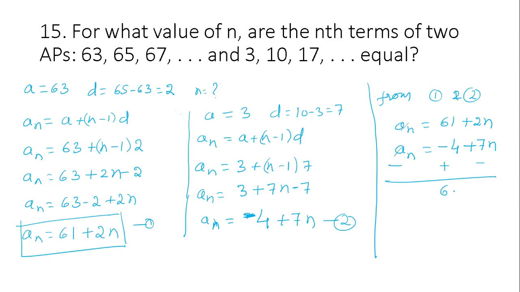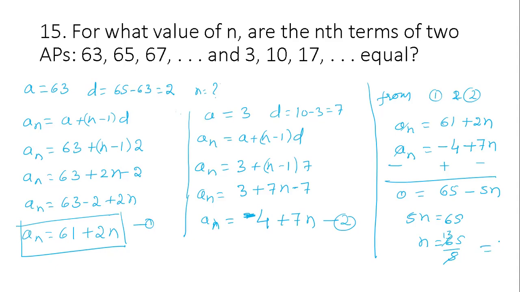This is 65. 0 is equal to 65 minus 5N. 5N is equal to 65. N is equal to 65 divided by 5. 5 ones are 5, 5 threes are 15.